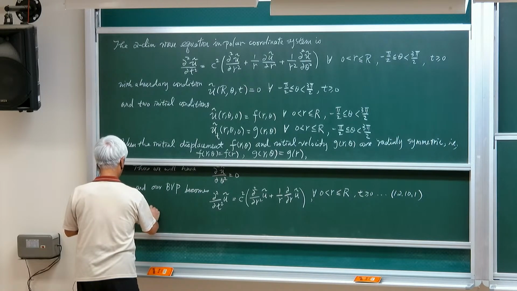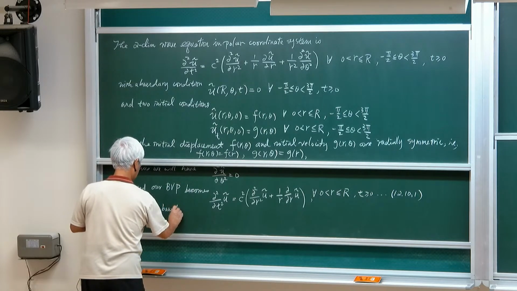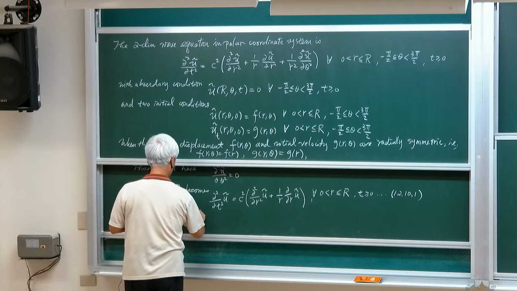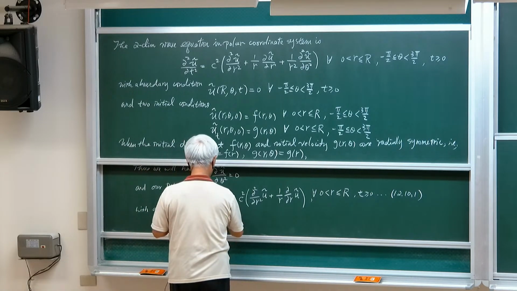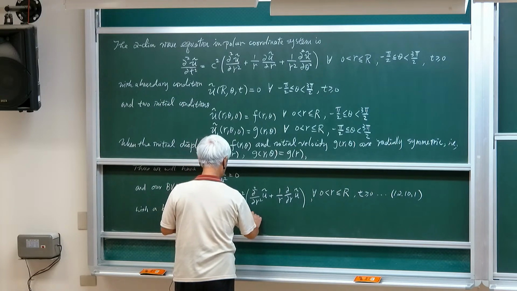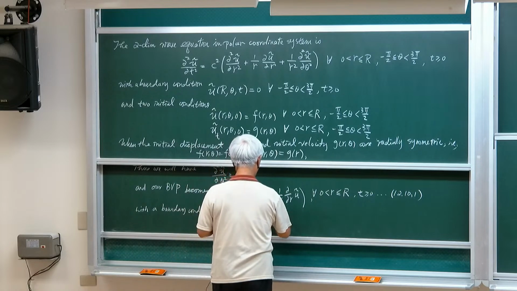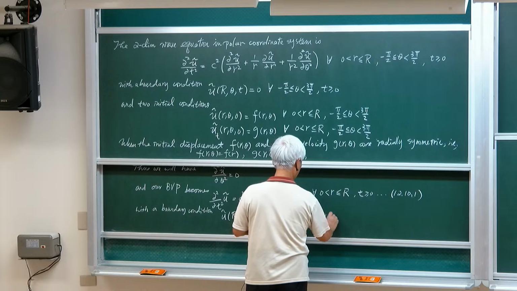With a boundary condition that u(R, t) equal to 0 for all t. This is 12.10.2.